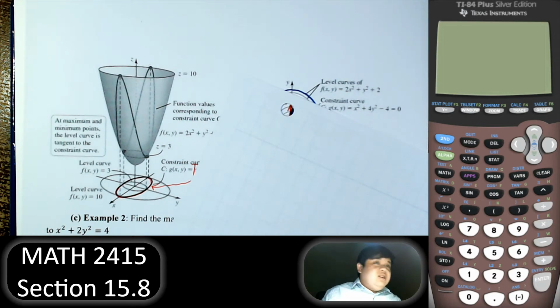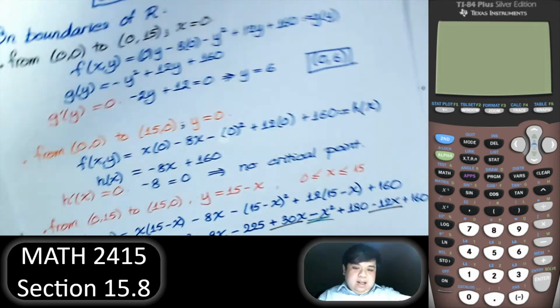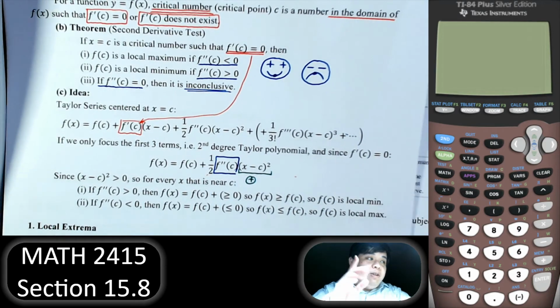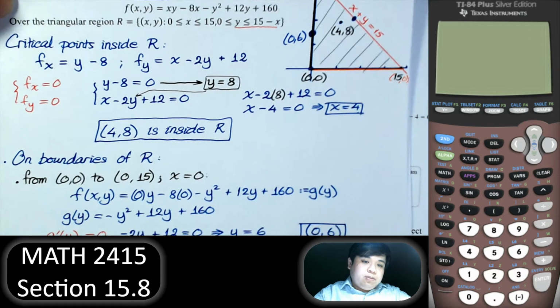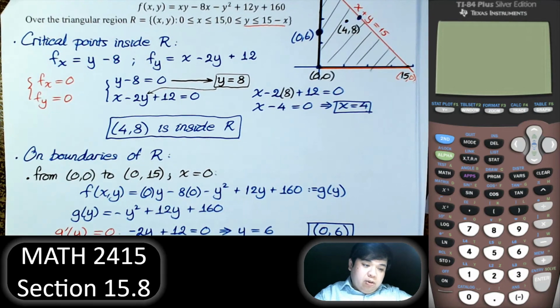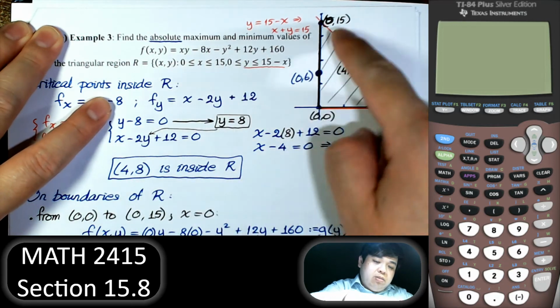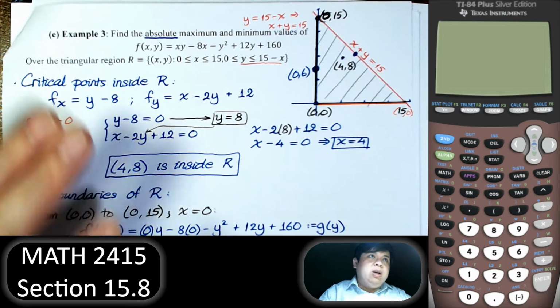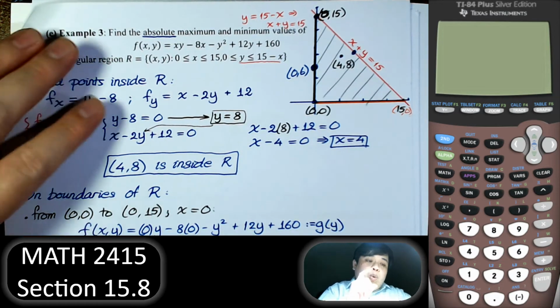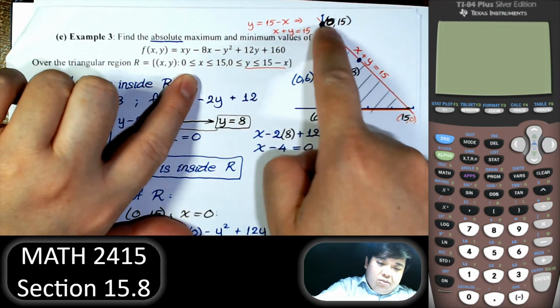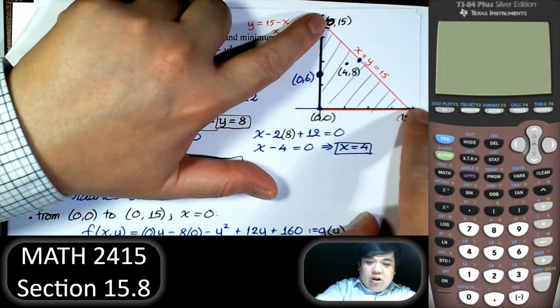Right. We have another example, but before we do that, I just want to go back to the previous section. This is page 84, section 15.7, the last example. In the last example, we tried to find the maximum and minimum of that function on the closed region. The focus here is to find the maximum and minimum of that function on this line.